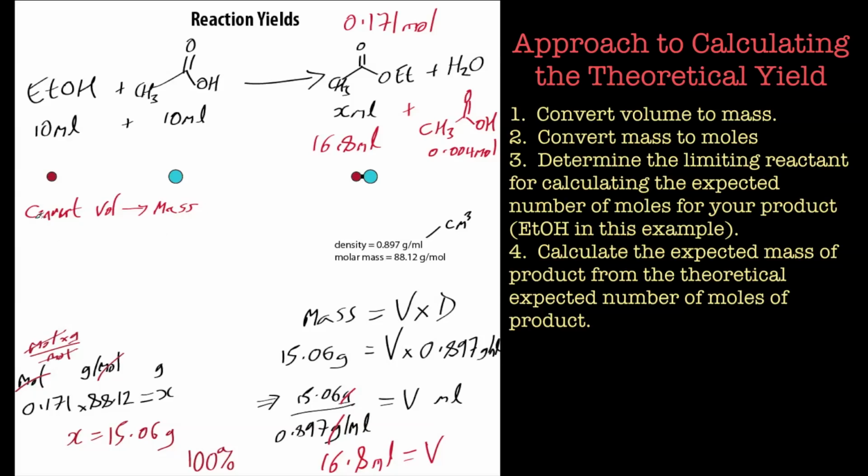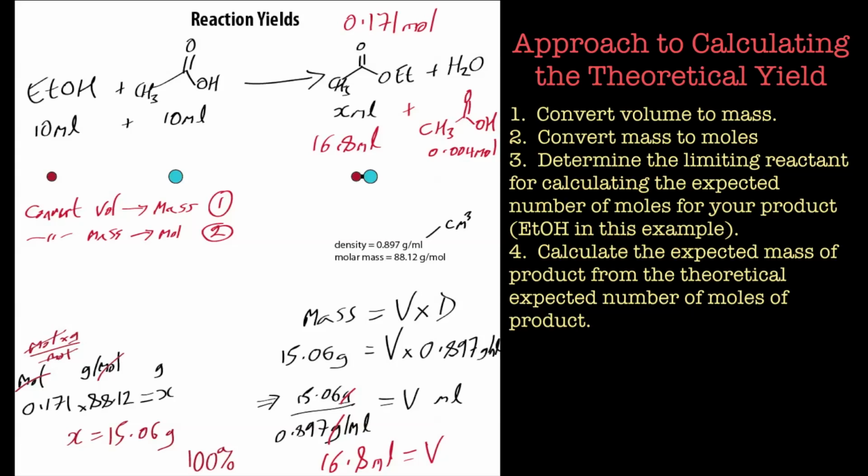Okay, so convert volume to mass, that's the first step, that's number 1. And then I just put ditto there for that. Convert mass to moles. That's step number 2. Okay, so we converted the volume to the mass, and then we worked out how many moles that mass meant. So we used the equations we used here.